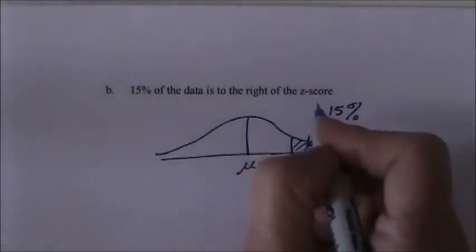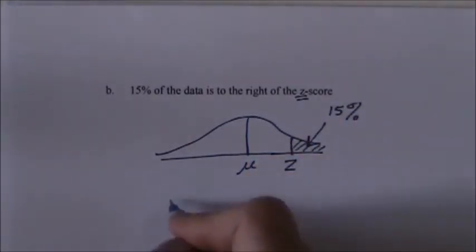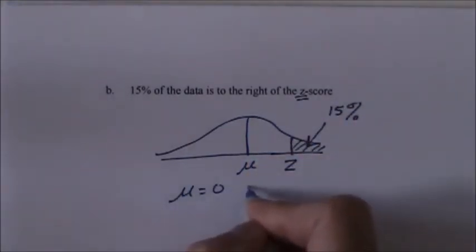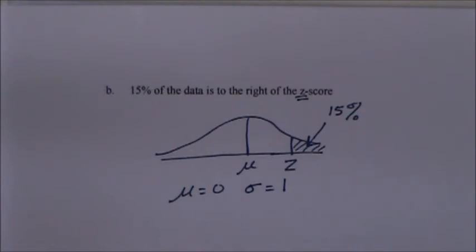Because it is a z-score that we're looking for, we know that the mean is 0 and the standard deviation is equal to 1. Now, one of the things that is required for us to be able to calculate the inverse norm is we need the area to the left of what we are looking for, not to the right.